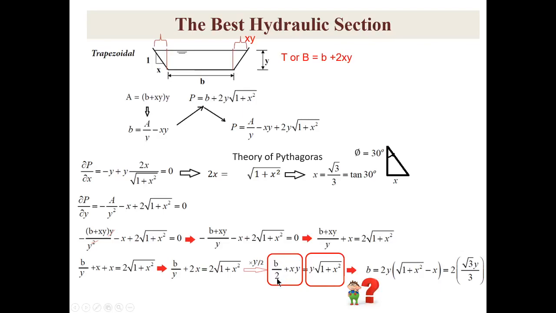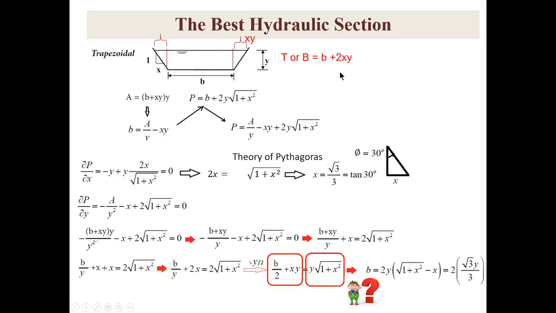What is this part? B over 2 plus xy. If it is my b over 2, it means half of the bottom width from here to here, plus xy. Therefore, this rectangle represents half of the top width.